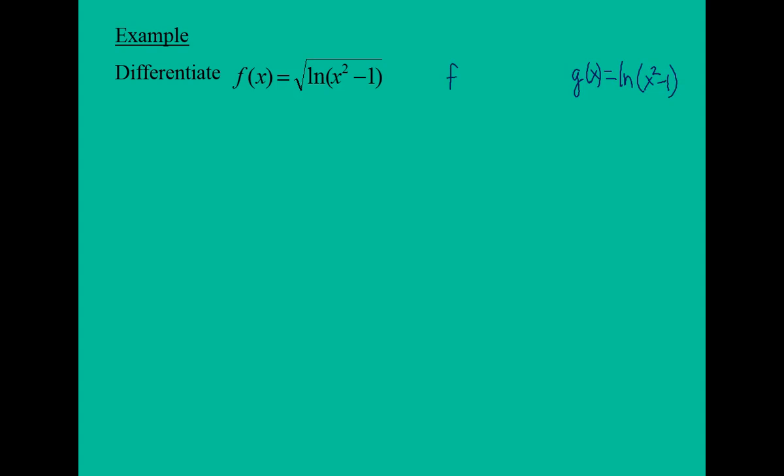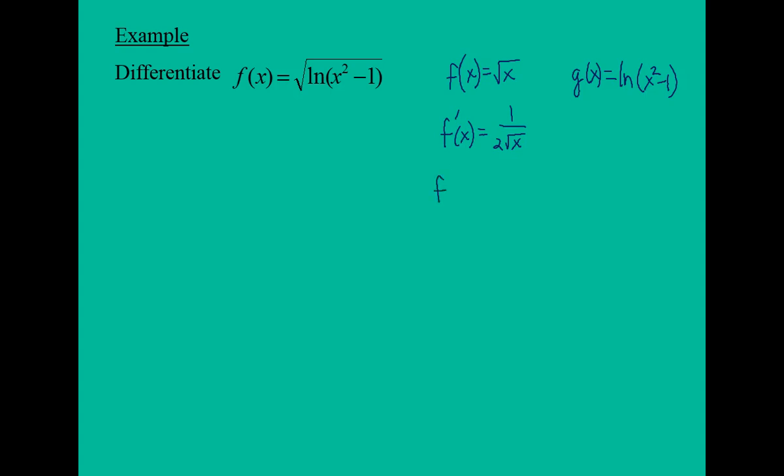And then our f of x would be the square root of x. Taking the derivative of f of x, we know that is 1 all over 2 square roots of x. Just remember, x to the 1/2 is the same as the square root of x, so you'd bring your 1/2 down in front, subtract 1, so you'd have 1/2 x to the negative 1/2.